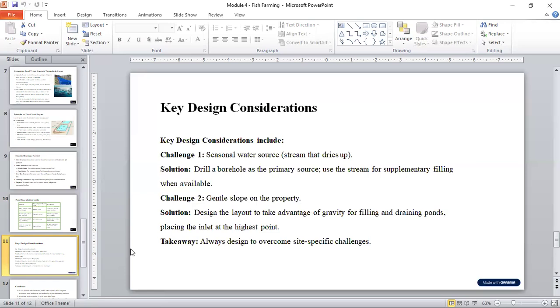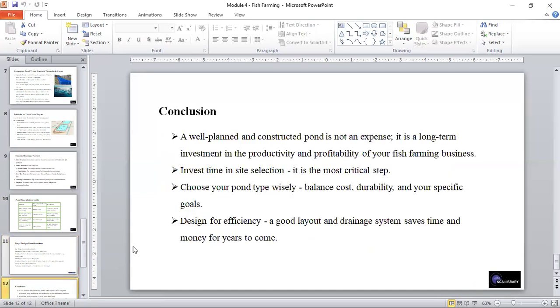Another situation is when you have a gentle slope on the property. The solution is to design the layout to take advantage of gravity for filling and draining ponds, placing the inlet at the highest point. So always design to overcome any site-specific challenge in order to have efficient production.